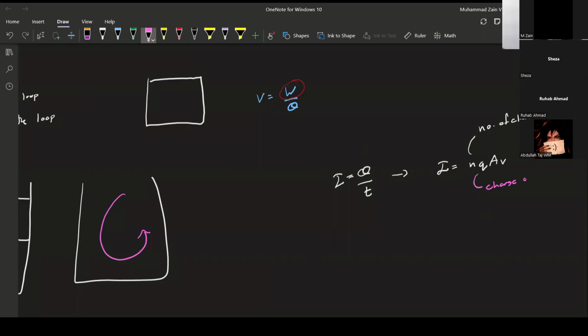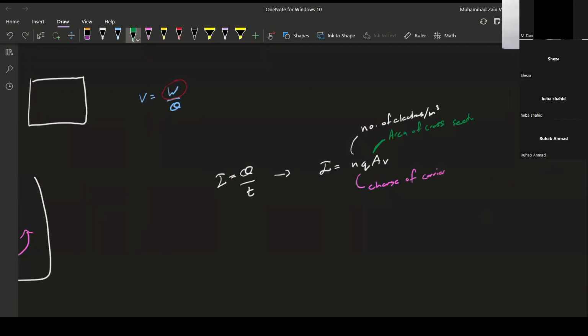If it's a single electron, then the charge is negative one, or if we're talking about positive charges, that would be plus one, the charge of the carrier. Then there's A. A is the area of cross section.